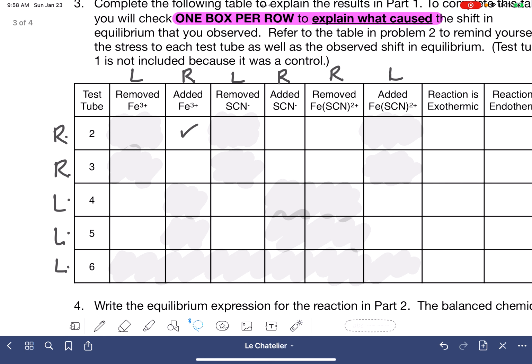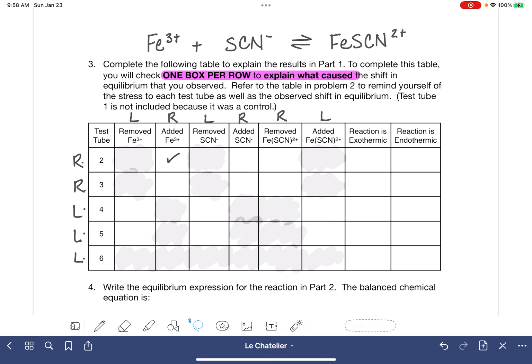So for test tube number 4, we added Ag+ and NO3-. And Ag+ is not in our balanced equation, and NO3- is also not in our balanced equation. But we've got to choose one of these boxes right here.